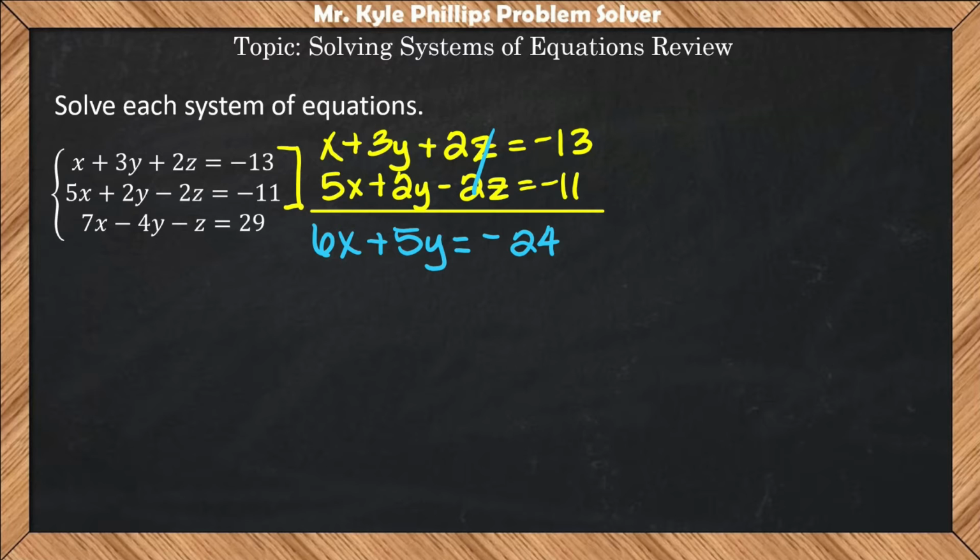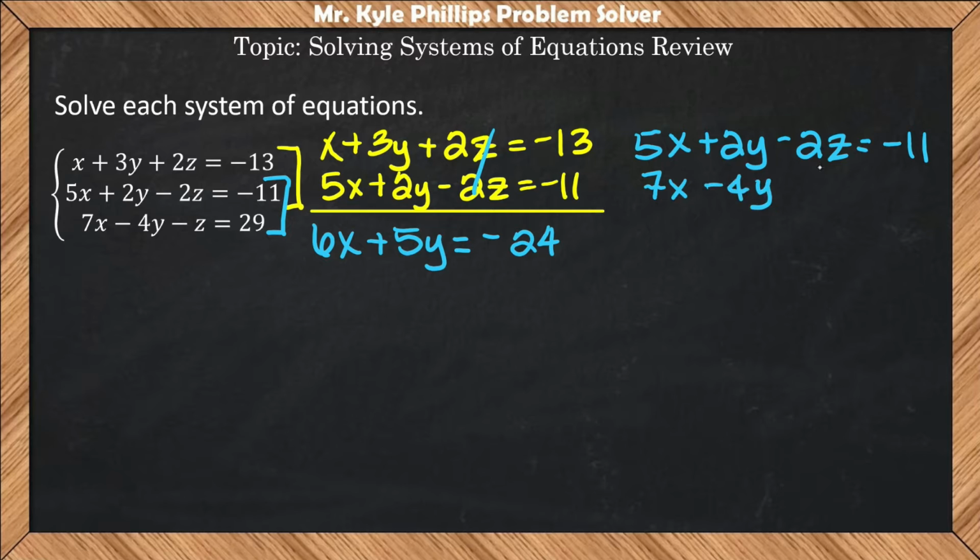So let's try to eliminate the z out of the bottom part of this original system so that we can do the same. So we paired the top two and got rid of z. Let's pair the bottom two and also try to get rid of the z. So we have 5x plus 2y minus 2z equals negative 11, and then that bottom equation is 7x minus 4y minus z equals 29.